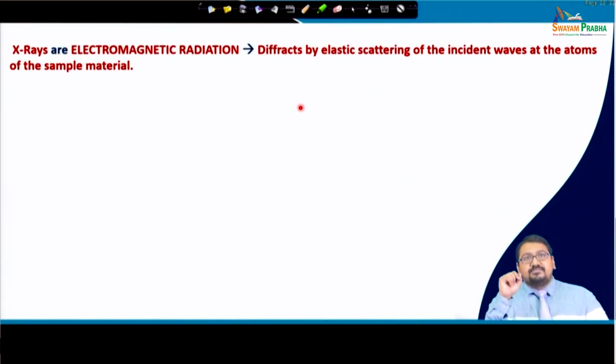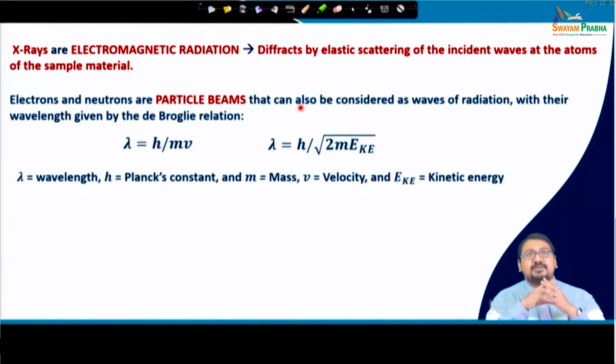So, X-rays are basically electromagnetic radiations which diffract mainly by elastic scattering of the incident waves at the atoms in any sample material.